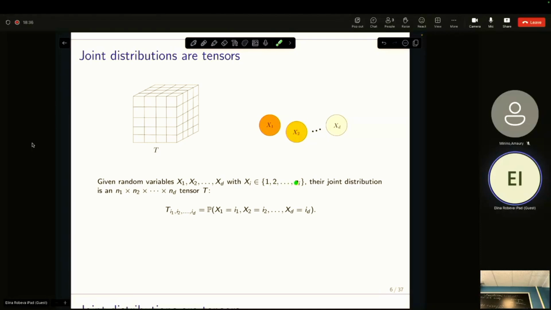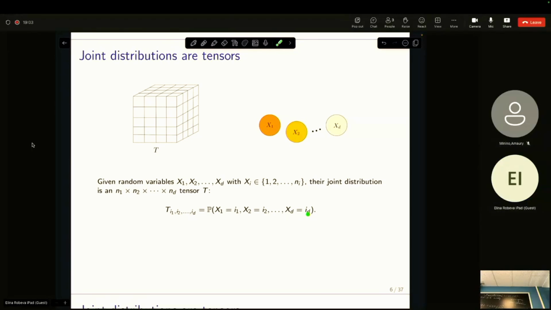But the joint distribution of these random variables is an n1 by n2 up through nd tensor T, whose entry I1, I2 up through Id is the probability that x1 is I1, x2 is I2, up through xd is Id. So that's just the joint probability distribution of these d random variables, and that is already a tensor.